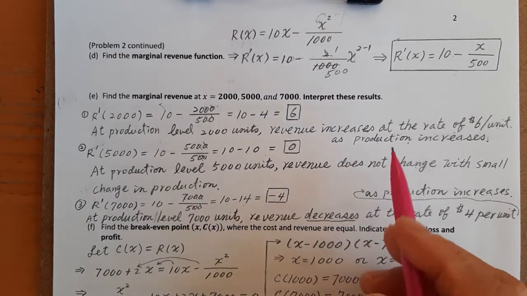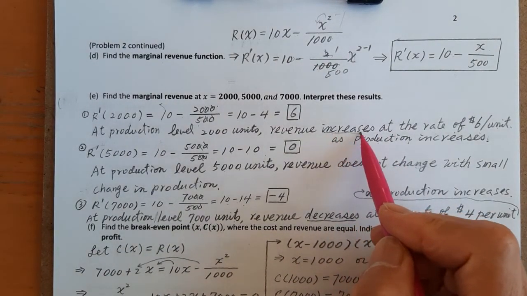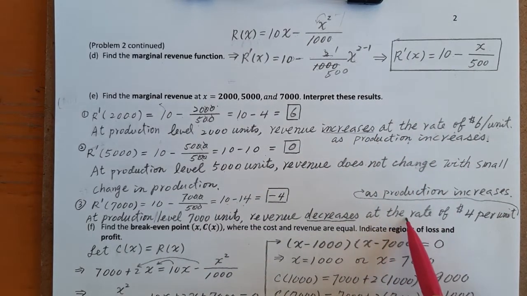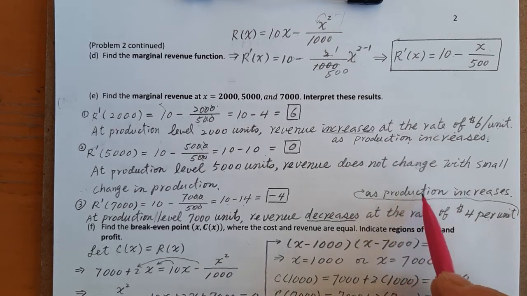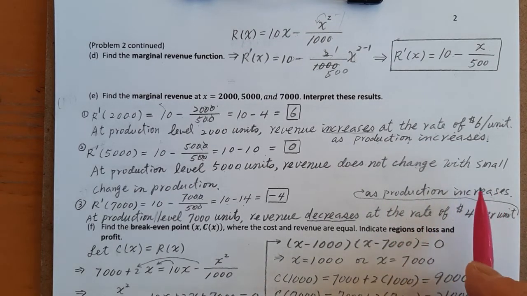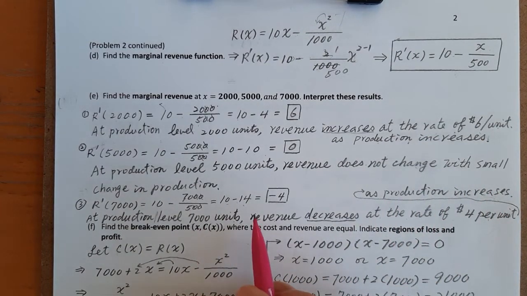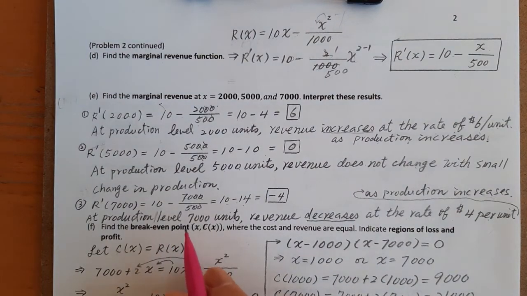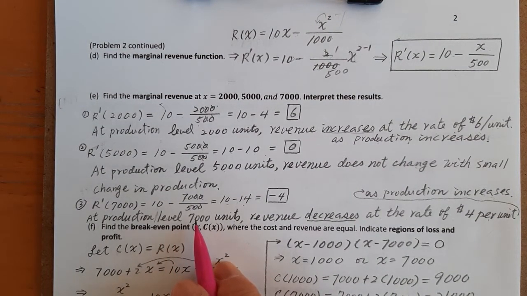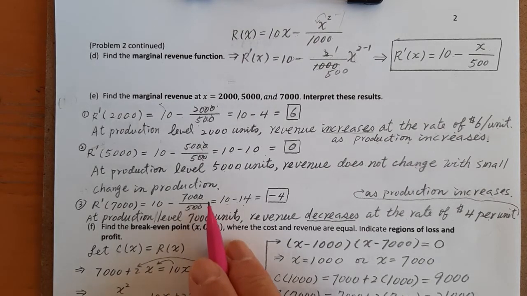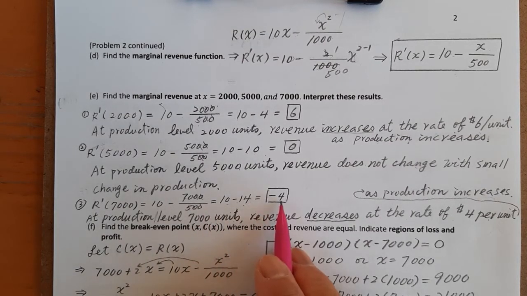So it's a decrease, and this positive increase. At the rate of $4 per unit as production increased. You produce 1 more headphone, then the revenue will decrease by, your income will decrease by $4.